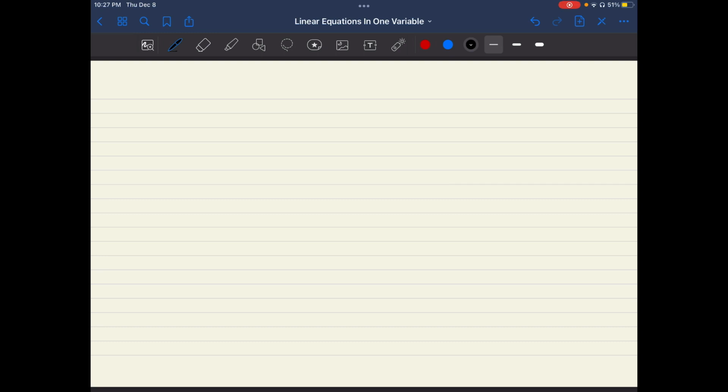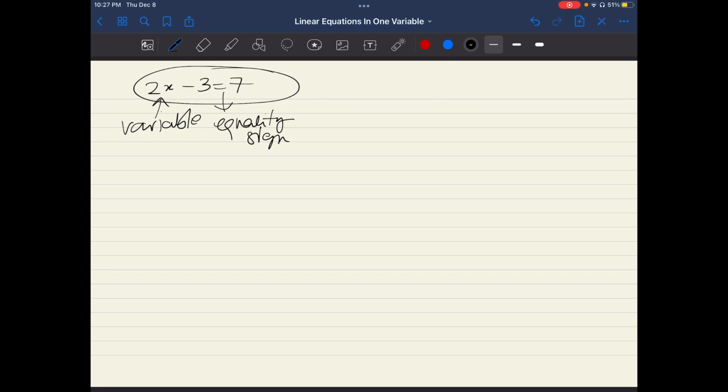Now let's look at an example. 2x minus 3 equals 7. Now in this example, this x is a variable. This is an equality sign. And this thing as a whole is called an equation.